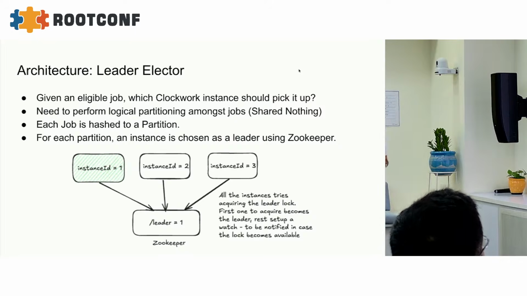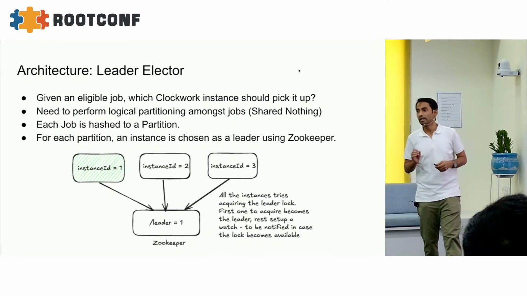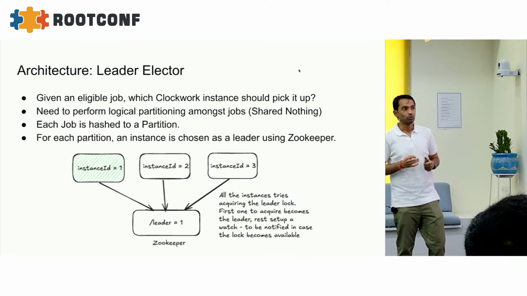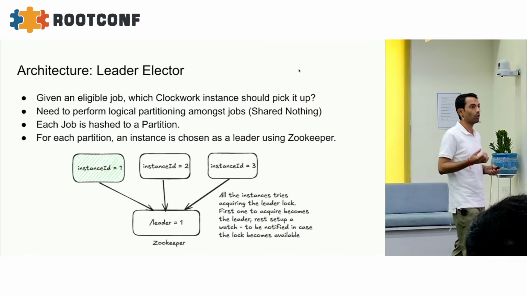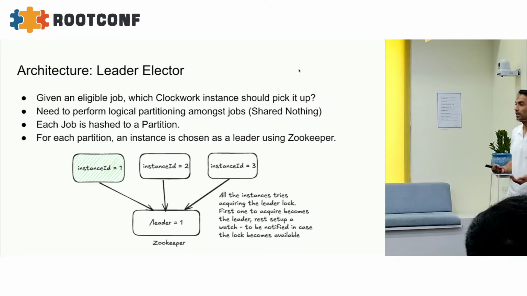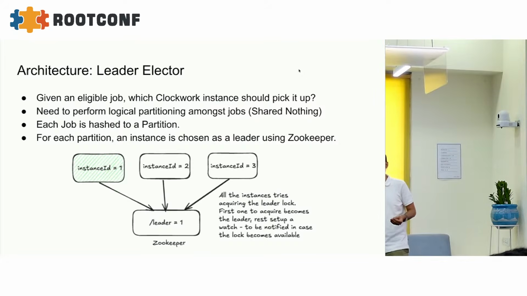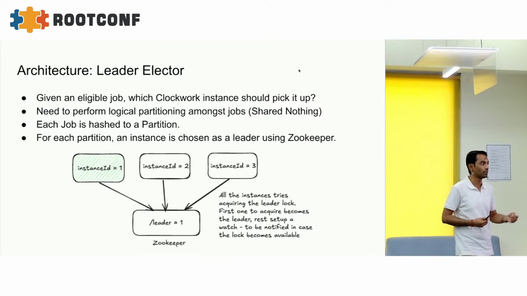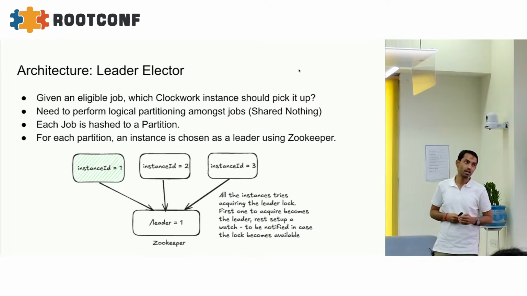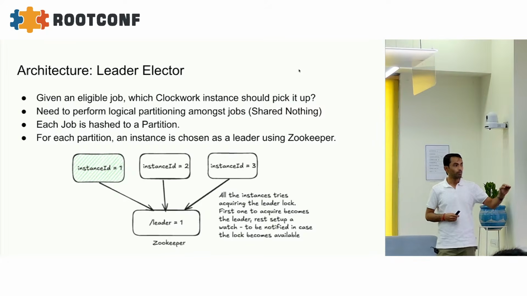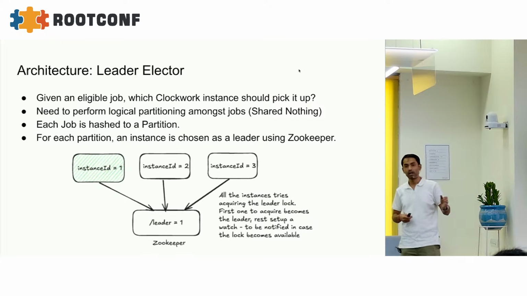Now, for each partition, we choose an instance as a leader using Zookeeper. Zookeeper, as I mentioned earlier, is our coordination layer. It brings coordination or consensus to our distributed system, saying which instance is responsible for which partition. In this case, let's say we have 3 instances running. Every instance will try to write a Z node, a path in Zookeeper, saying that I want to be the leader for, let's say, partition 1.